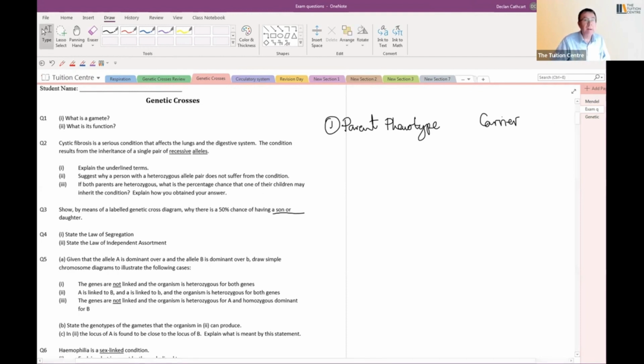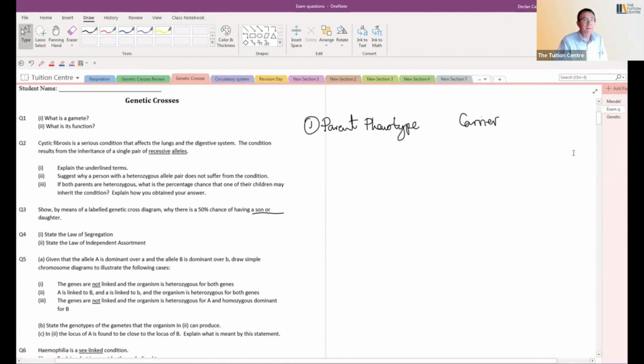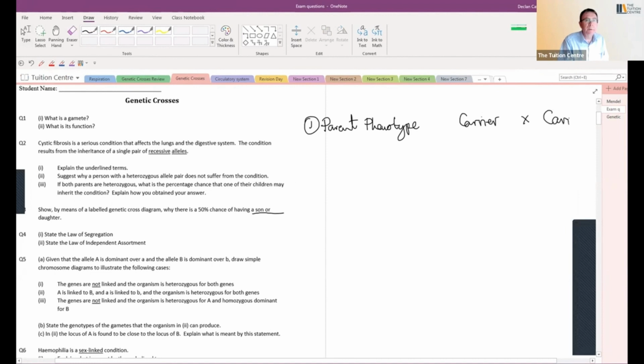And they're carriers because they don't have CF, but they do contain a CF gene. So carrier crossed with carrier. Now we know that because they told us they were heterozygous, so we know that they're carriers. But for all intents, they are normal, as in they don't have CF.